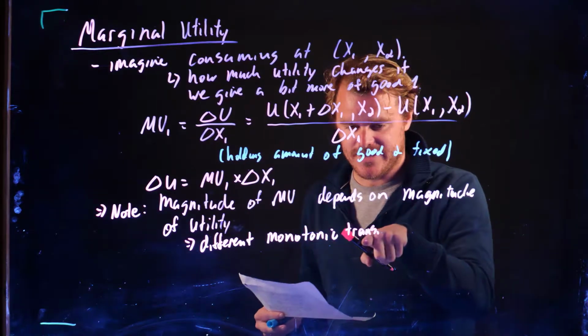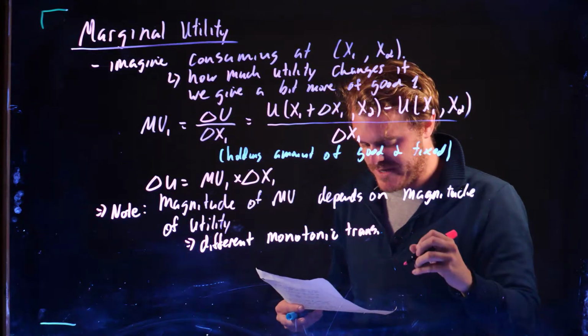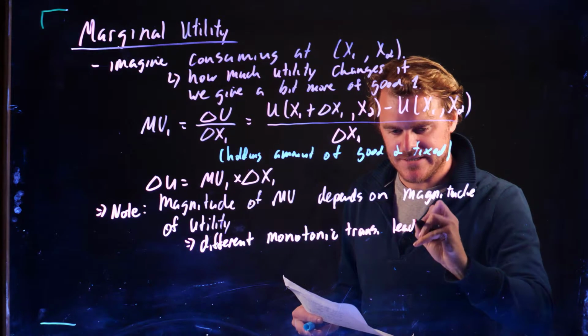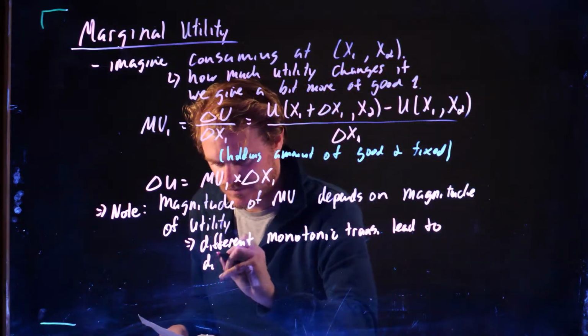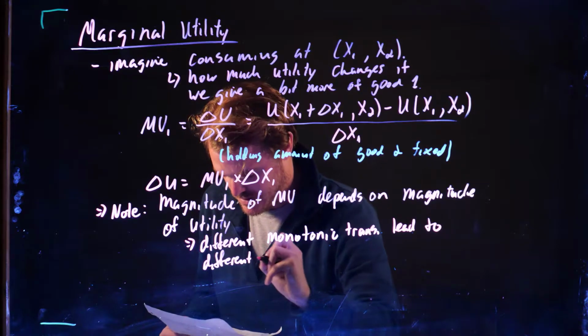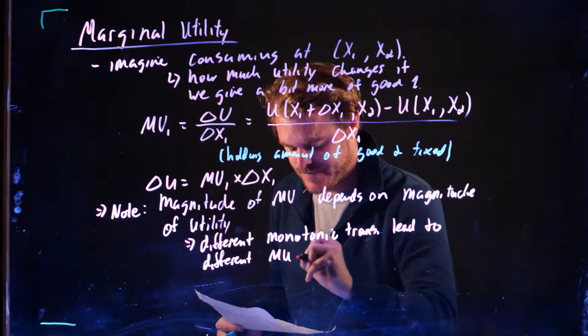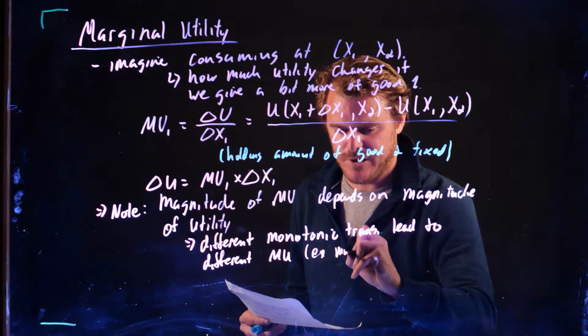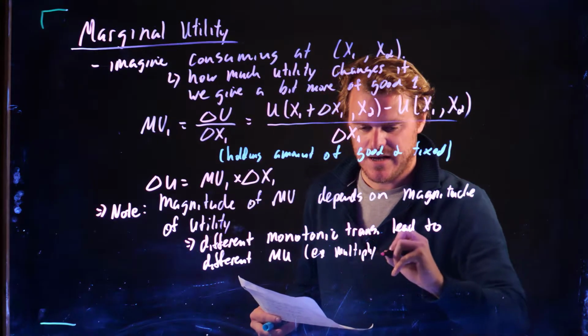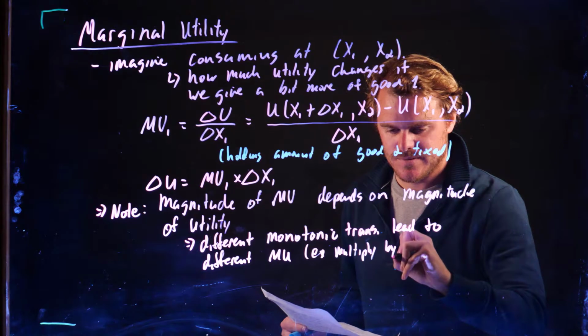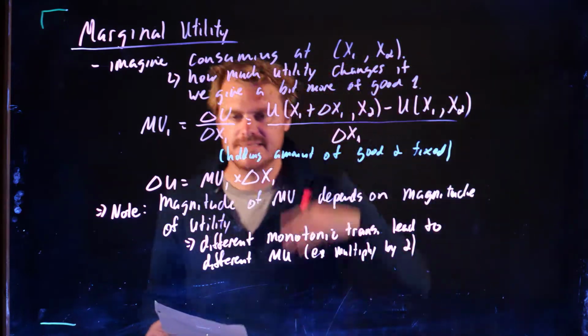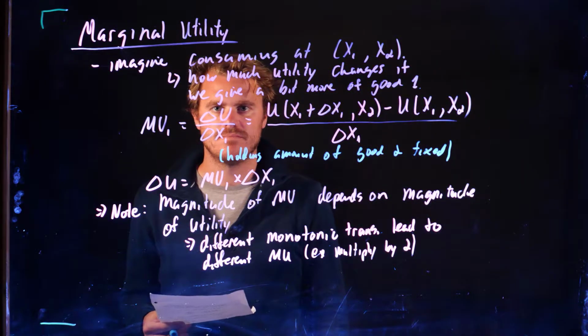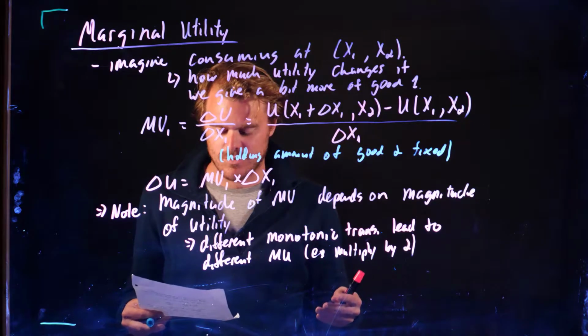For example, if we multiply a utility function by 2, we've simply scaled up the marginal utility by 2, or by some amount.